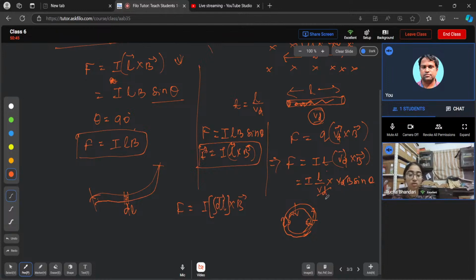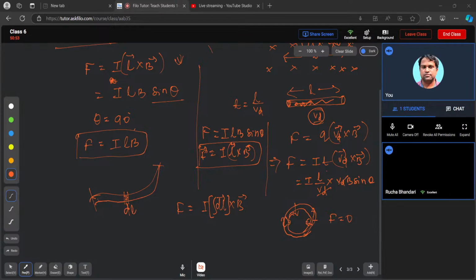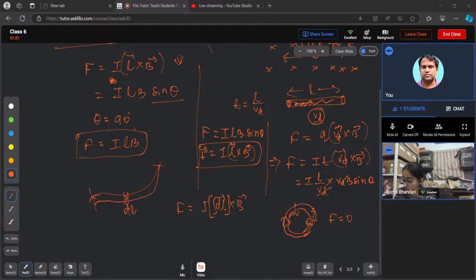Force on a closed circuit in a magnetic field is zero.